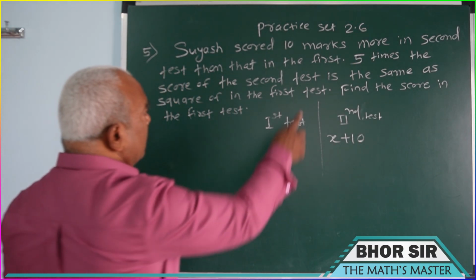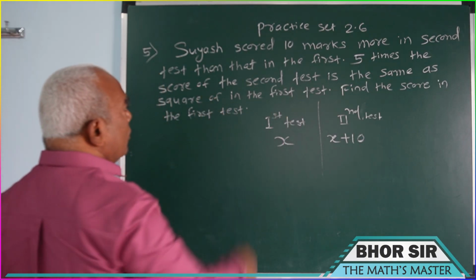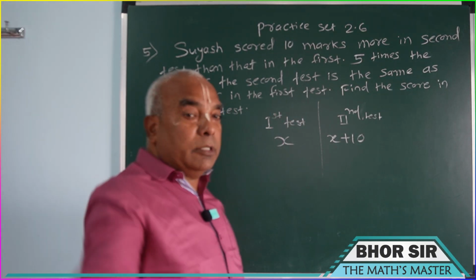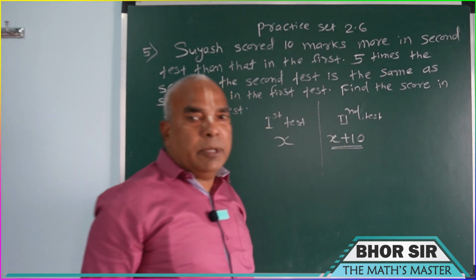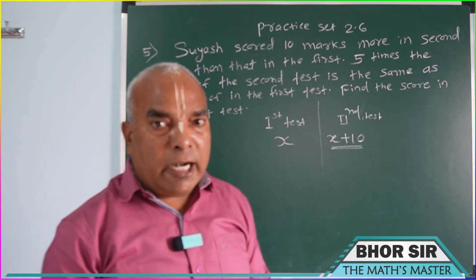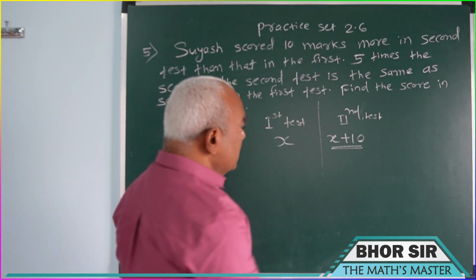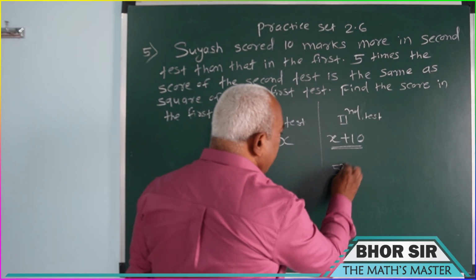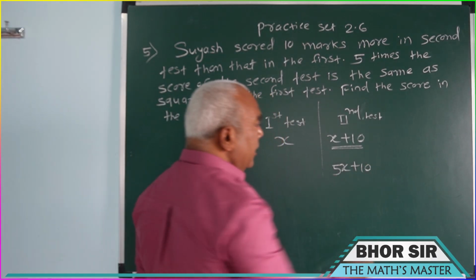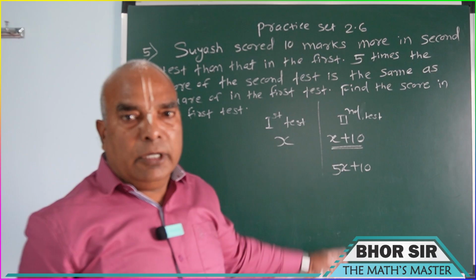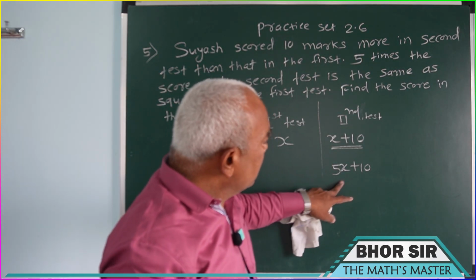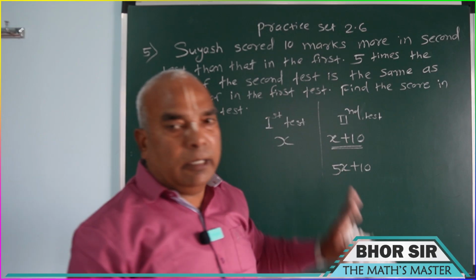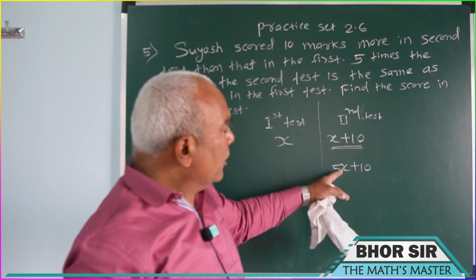Now, what's the condition? 5 times the score of the second test. Students make a mistake here. They say 5 times of this means the answer will be 5x plus 10. That is wrong. Why wrong? Because that means only 5 times of x is done.